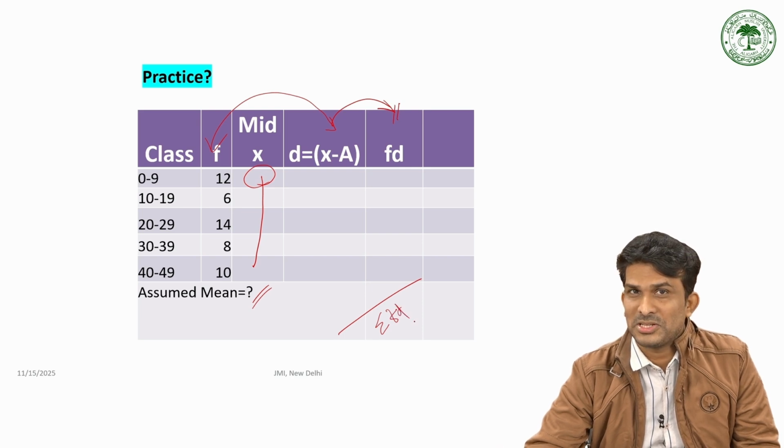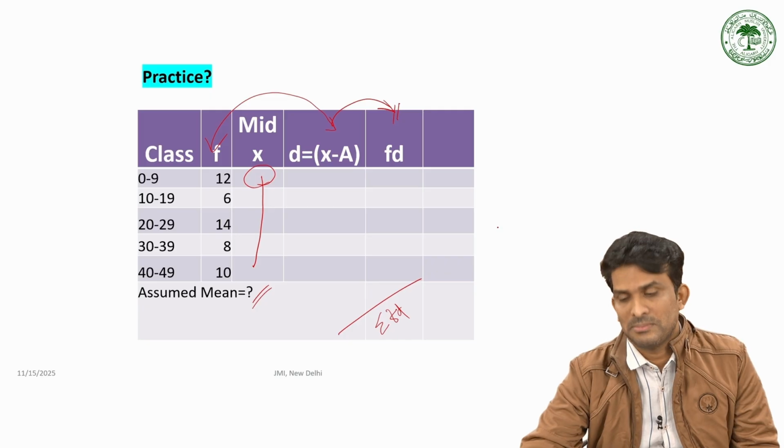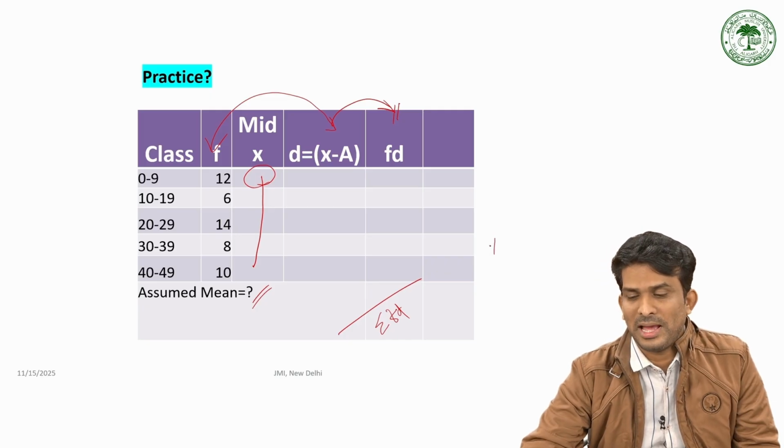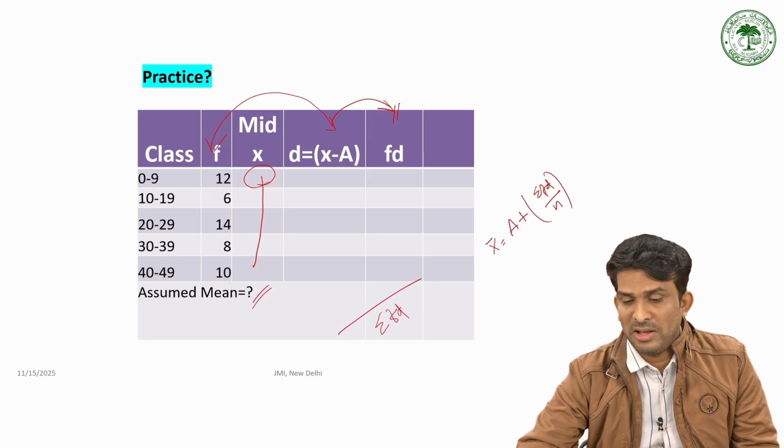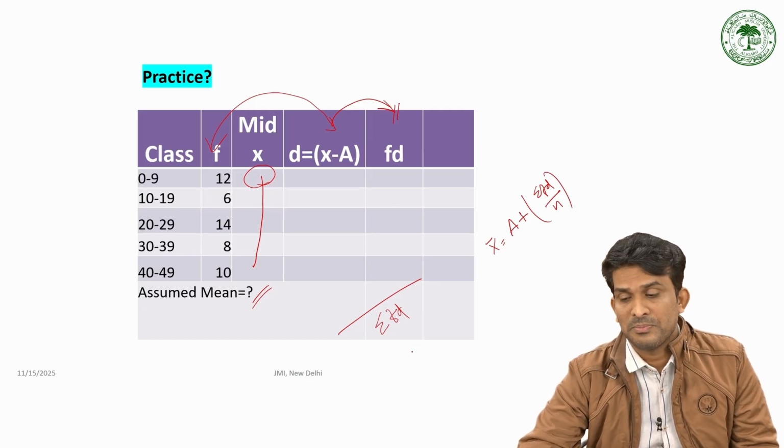What is the equation? Again, for your clarity, x bar is equal to A plus sigma FD by N.